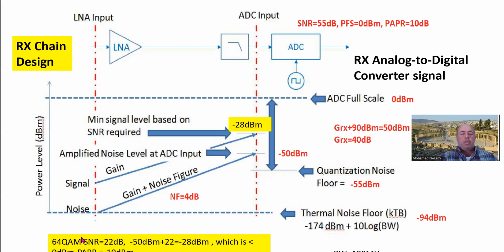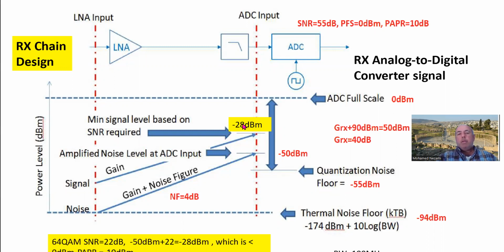For instance, for 64 QAM, the signal to noise ratio, we know from tables of modems, has to be 22 dB at least. Okay. So what that says then, I have to be above the minus 50 by 22 dB, which means that my signal has to be sitting at minus 28 dBm minimum.